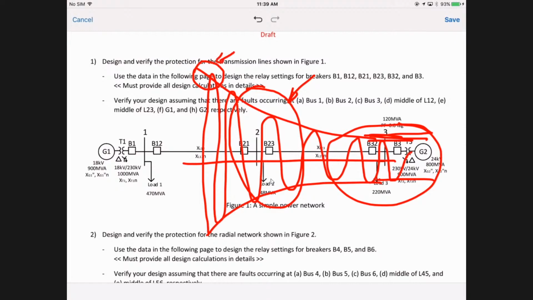The subtransient state is protection, because in the first cycle we have to protect it. If we don't protect it, because the current is huge compared with the steady state, the damage is squared. What will the damage be? The damage is heat.